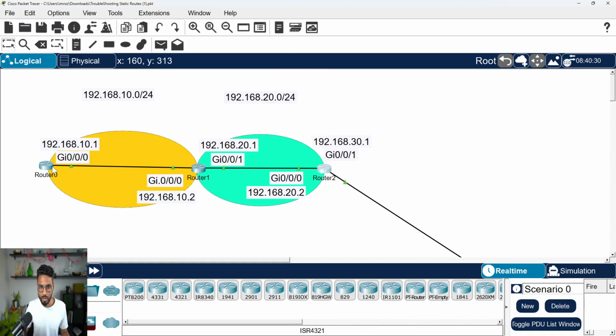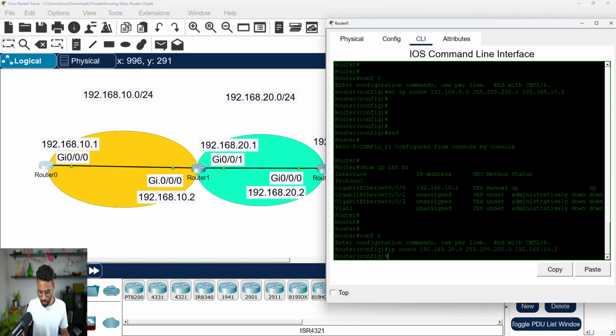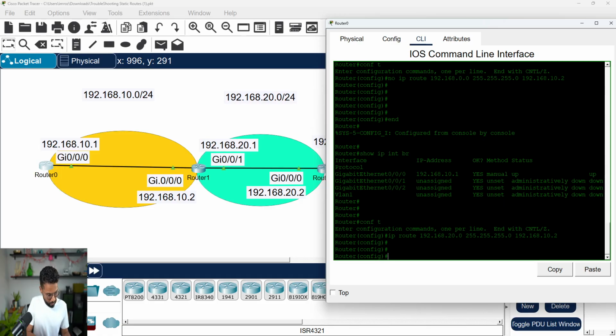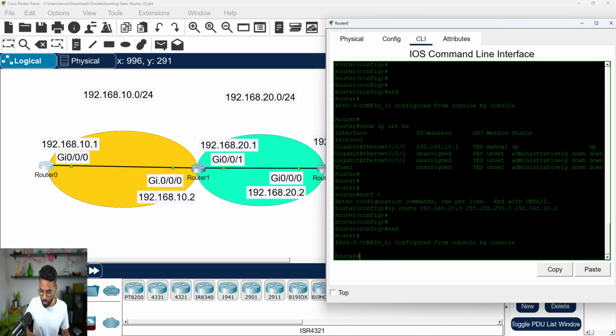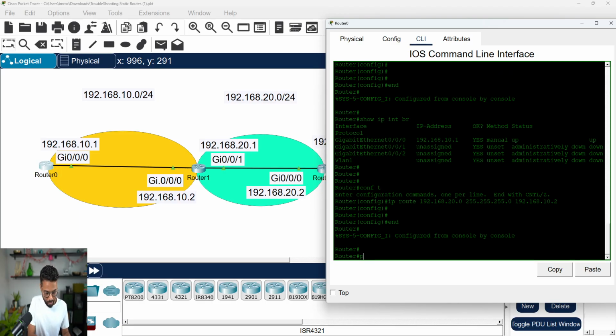Let's go ahead and do a simple ping to verify what we have done is working. Go end, that will take us back to the privileged access mode. Run the command ping, for this side, that would be 192.168.20.2.